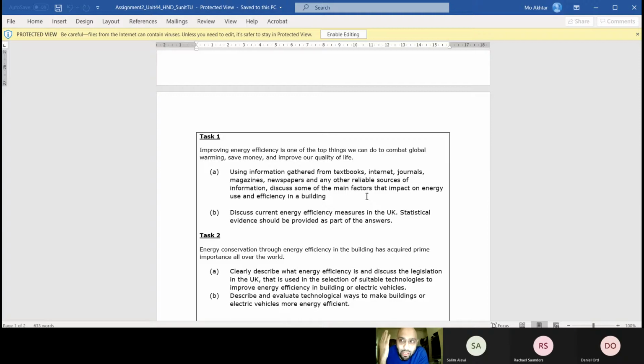efficiency of pumps. So you can talk about different boiler systems that can be used to improve the energy efficiency in the building. You can talk about some of the main factors that impact on energy use, and what the main components are that use energy. Like you've got boiler systems, and they're all being weaned out anyway over the next 10 years. They're changing them all.